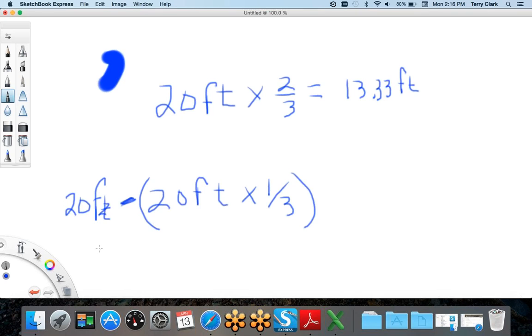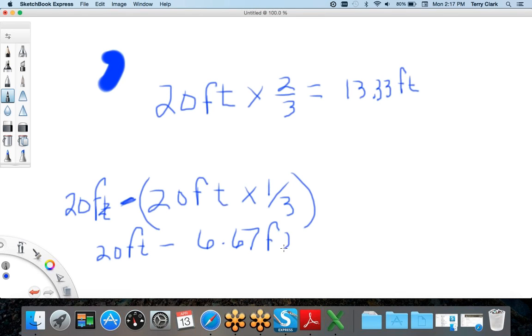And then we could also go, okay, so we're going to say 20 feet here. And then we got to multiply 20 feet by 1/3, and then, of course, that's going to be subtracted. So we're going to say 20 feet divided by 3. It's going to give us like 6.667 feet.